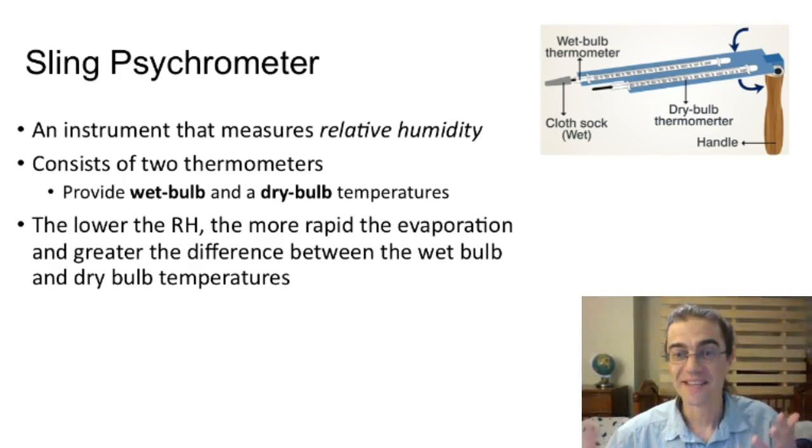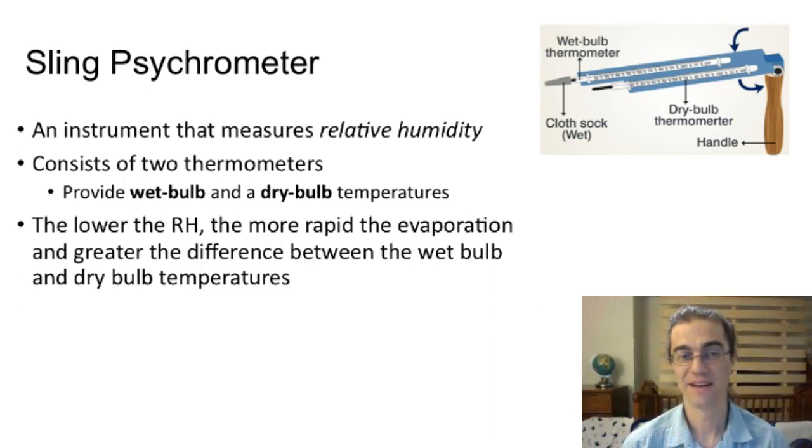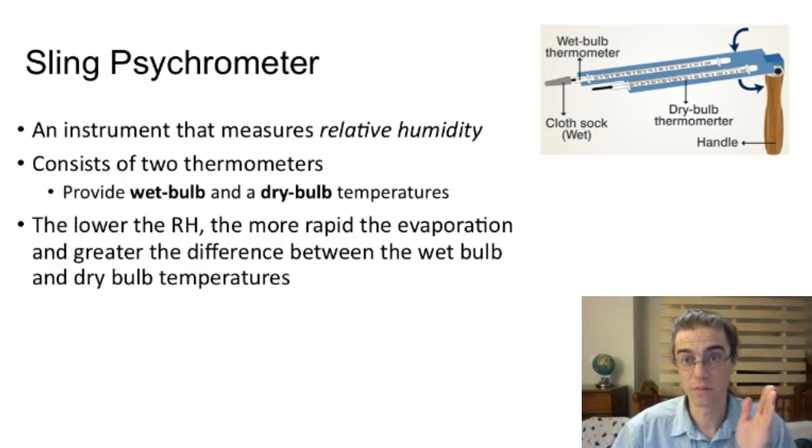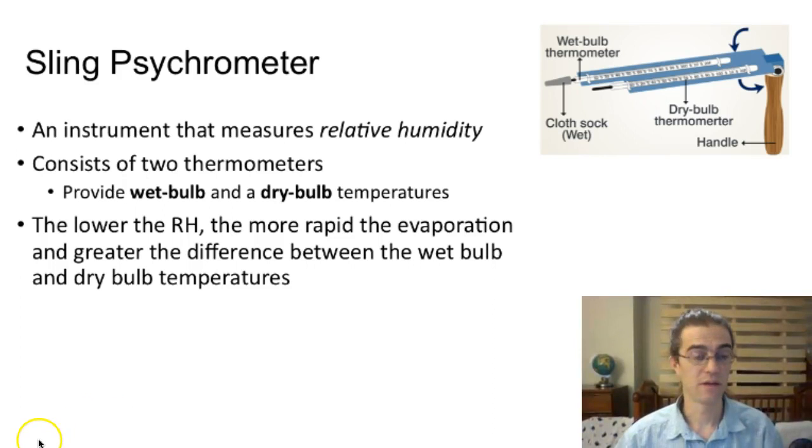That other concept that I was referring to, or device, is the sling psychrometer, which helps us in measuring relative humidity. It consists of two thermometers, one's the wet bulb and one's the dry bulb thermometer, and on the end of the wet bulb is a wet cloth.